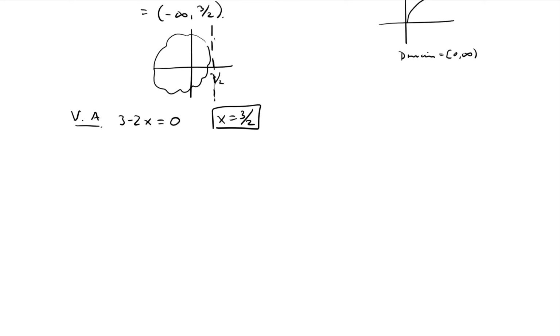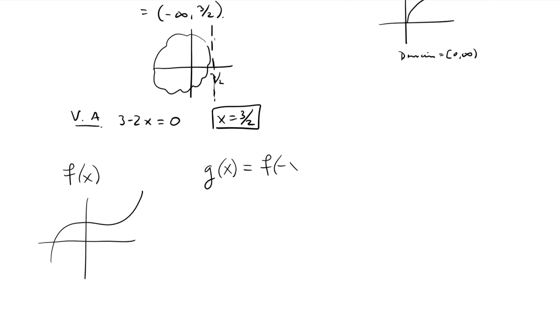There are also two things we're going to need in order to graph g that we've seen before, but not so often. So if you've got a function f of x, and maybe its graph is like that, and you're looking at a function g of x, which is f of minus x, imagine that f of x has a point that's, say, 4, 2.